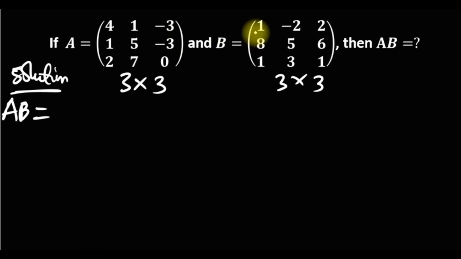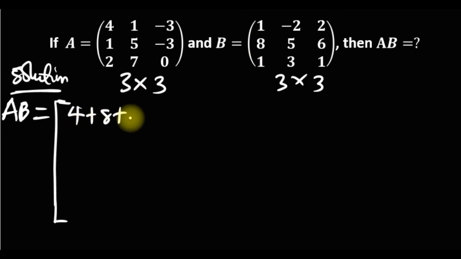We start 4 times 1 is 4. So 4 plus 1 times 8 is 8, plus minus 3 times 1 is minus 3. So this now becomes the first element here.